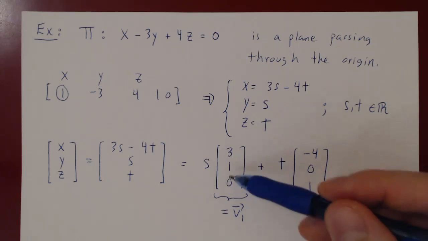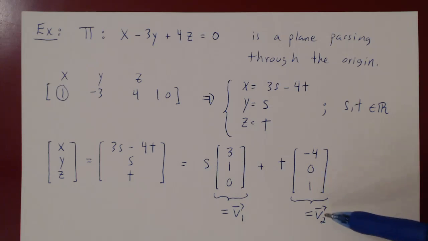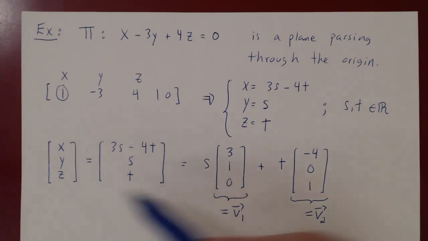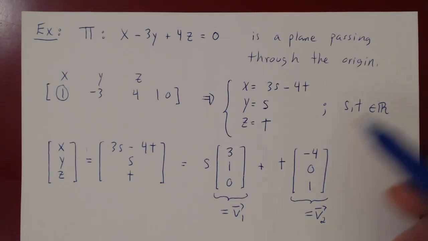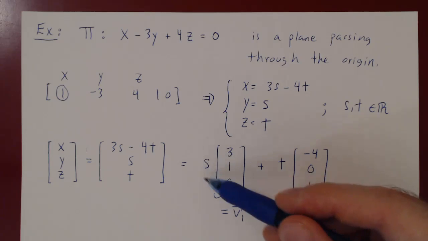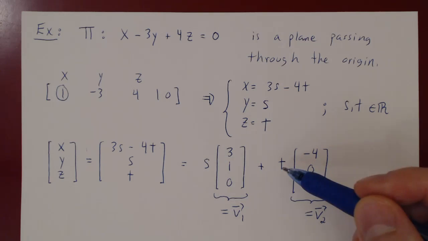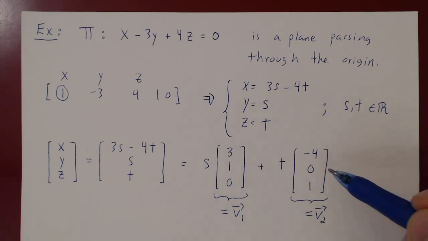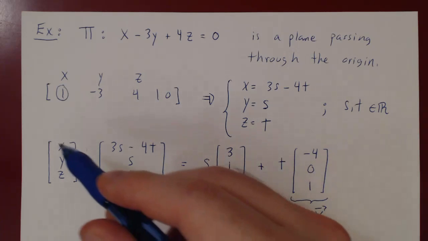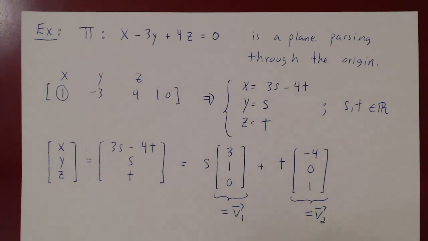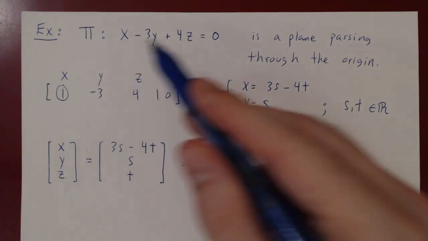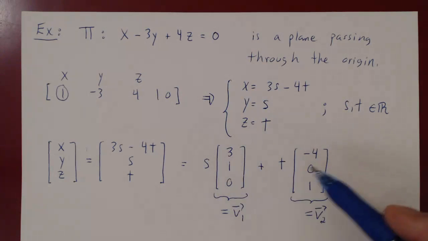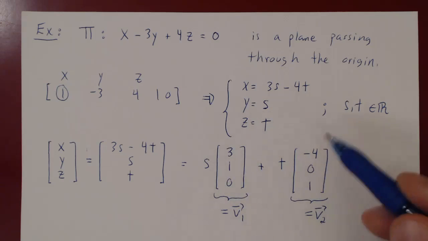Take some multiple of v1 plus some multiple of v2, and you will get a point on this plane. And s and t range over all real numbers. So as you let s vary over all real numbers, same thing for t, this linear combination will allow you to get every single point on the plane. So we have expressed any given point on this plane as a linear combination of these two vectors.